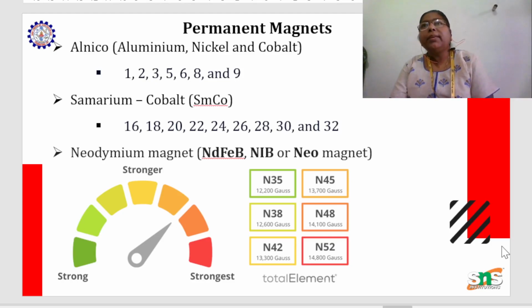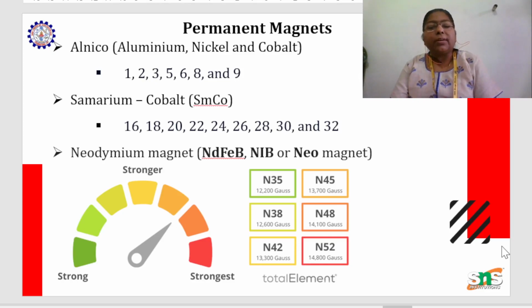If you take up the grades of magnets, alnico is an alloy of aluminium, nickel, and cobalt. You have grade numbers as 1, 2, 3, 5, 6, 8, and 9. If you go with SmCo, that is samarium cobalt, the grade numbers are 16, 18, 20, 22, 24, 26, 28, 30, and 32, in an even series from 16 to 32.